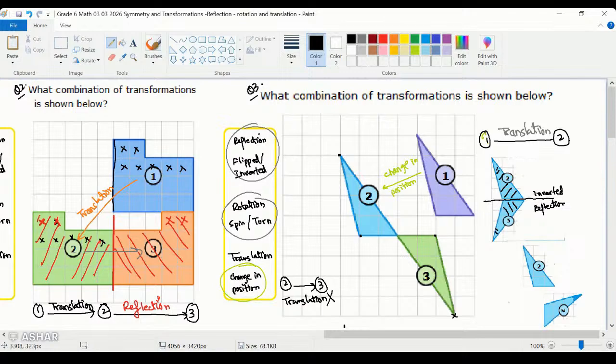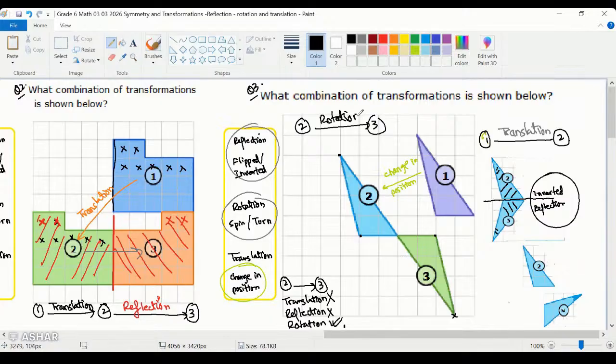It cannot be reflection, right? Because it's not a flipped image. If we would do reflection, it would form something like this. Then this has to be a rotation, right?